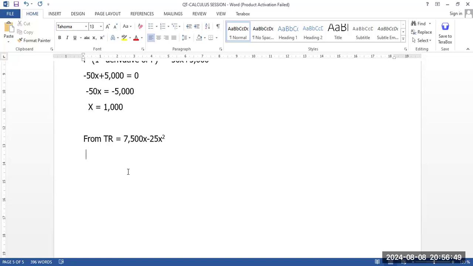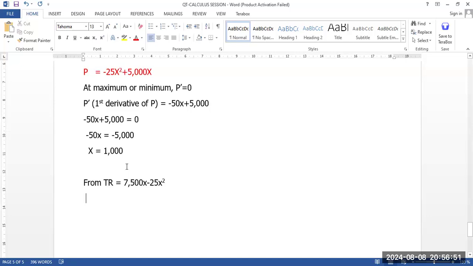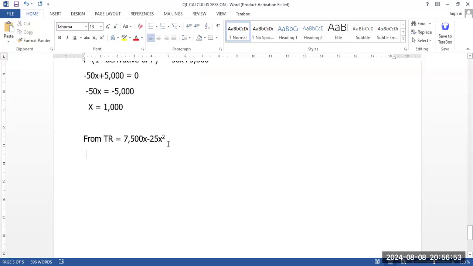Now, for you to do that, you're going to also differentiate this. You differentiate your revenue function, which will be equal to, that's why I think they gave 7 marks.